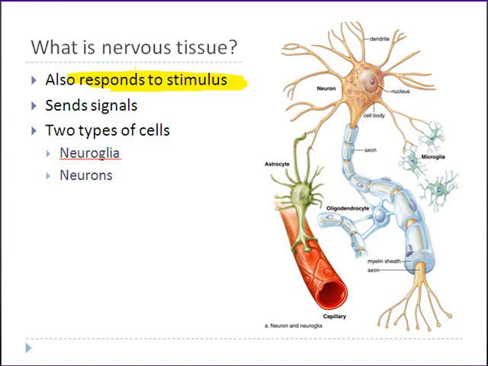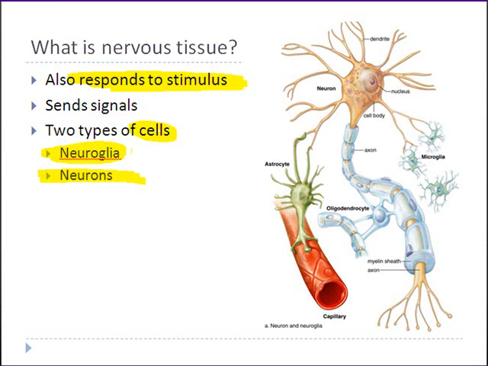For now, you just need to know that in nervous tissue there are two general classes of cells found within it. There are what are called neurons. These are the cells that actually receive signals and send out signals. And the other type of cell is called a neuroglia cell. And neuroglia cells are support cells. They serve the purpose of making sure that the neurons have sufficient nutrients, that cellular debris and metabolic waste products are cleared away.